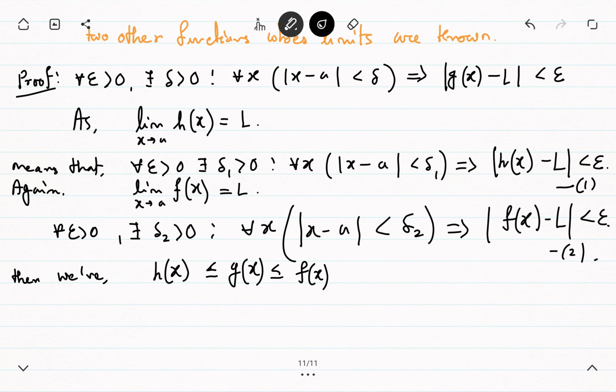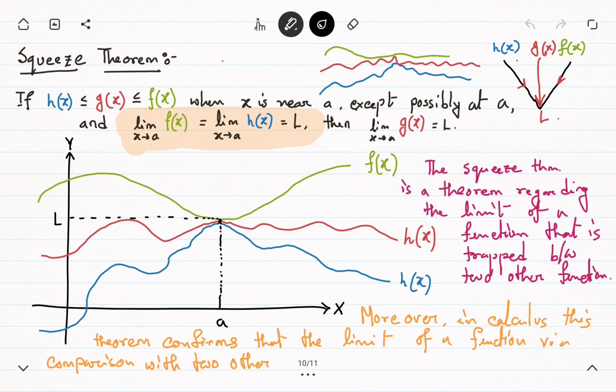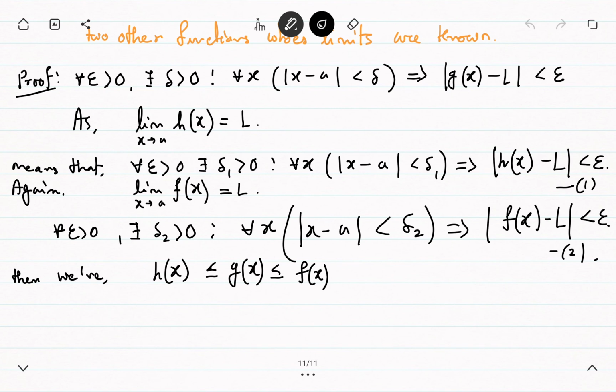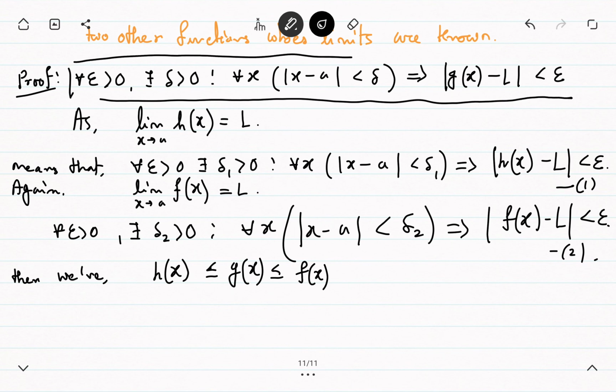So let me make you understand again the argument I am providing. This definition will be in general for g of x.